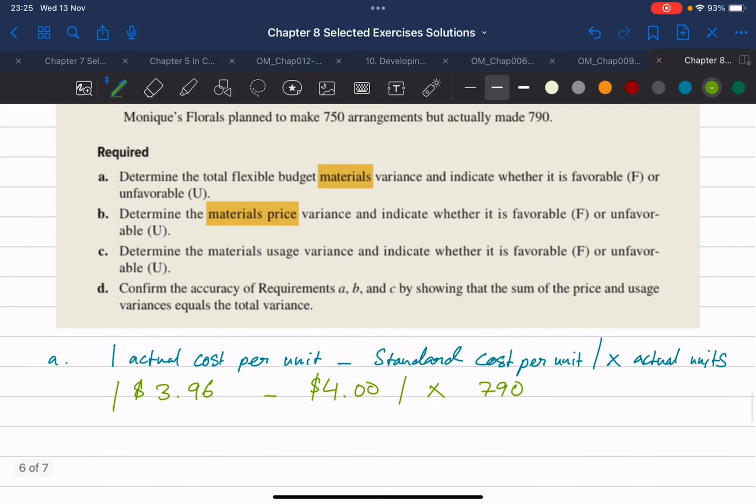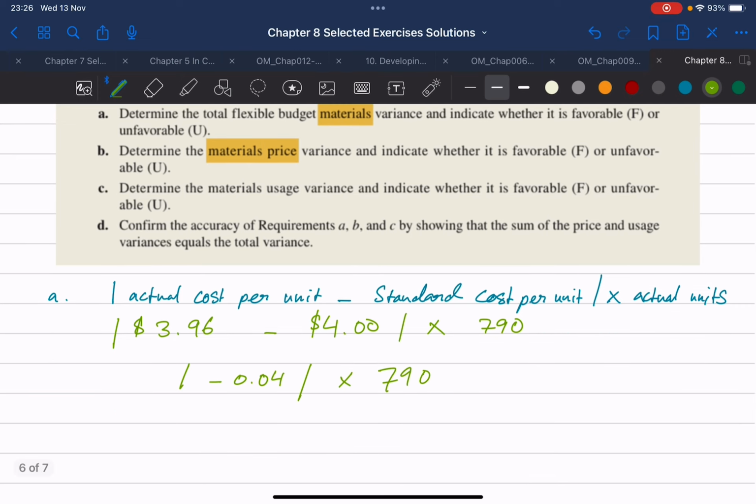Okay, run the numbers. 3.96 minus $4, that's negative 4 cents, but we are taking the absolute value, remember, so 0.04, multiplied by 790.